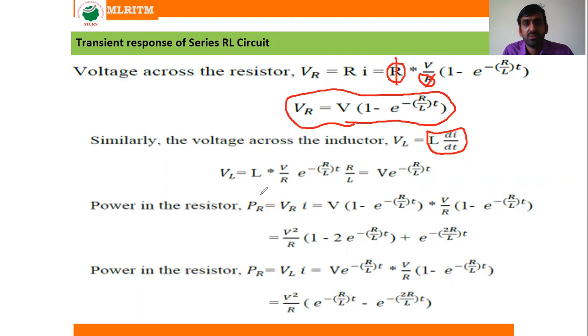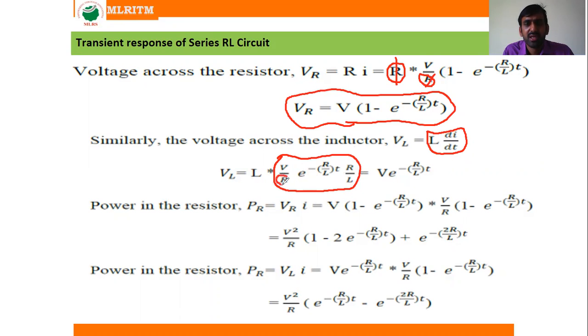So L into the derivative of V by R into 1 minus e power minus R by L into T. If you find the derivative, you get V by R into e power minus R by L into T into R by L. You can apply the derivative of e power x, and as V by R is a constant, we take it out.